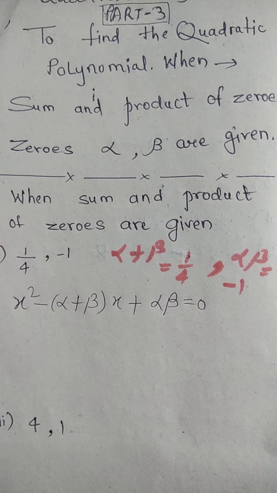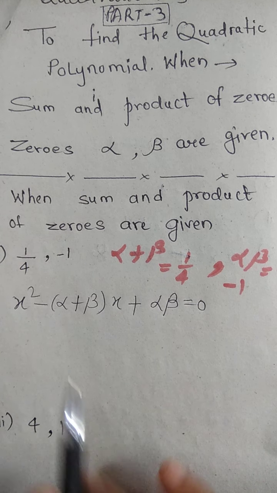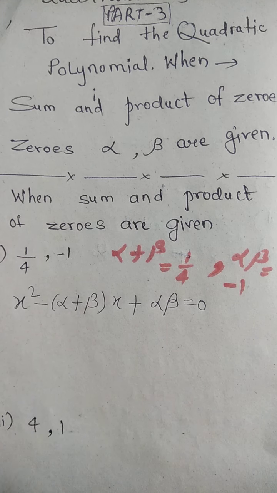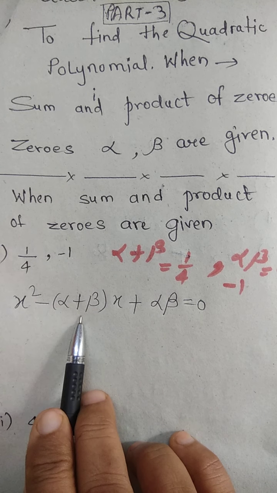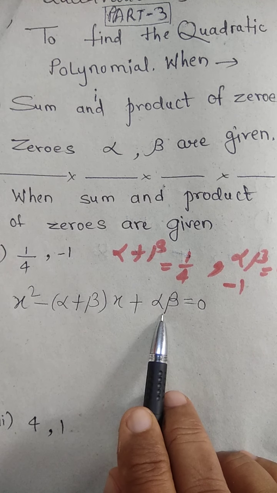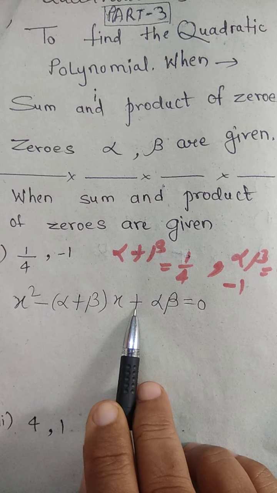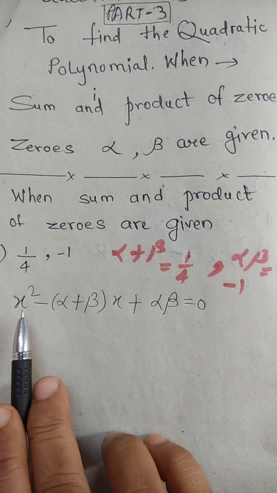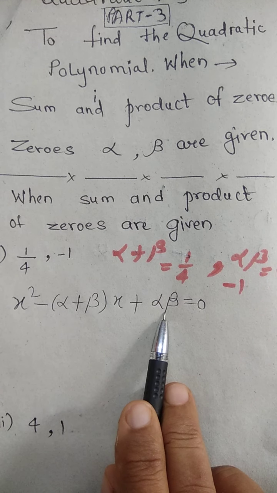This is the general form when sum of zeros and product of zeros are given. Then we have to write the quadratic equation like this. Remember this general form. The middle term is sum of roots and the constant term is product of roots. First sign is negative and the second sign is positive. This is x square term, this is x term and this is constant term.